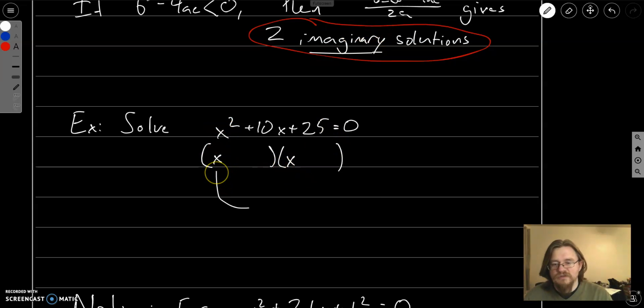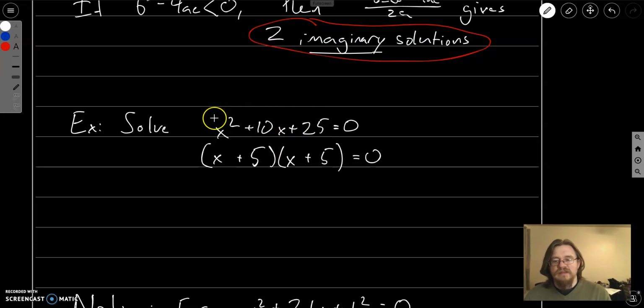If we multiply the first two terms, the x times the x gives the x squared, which is perfect. And then the next two things I need to multiply together to get 25, and when you add them up you should get 10. Well, that's fairly straightforward. There's only two combinations of numbers that multiply together to get 25, 1 and 25, which doesn't add up to 10, or just 5 and 5.